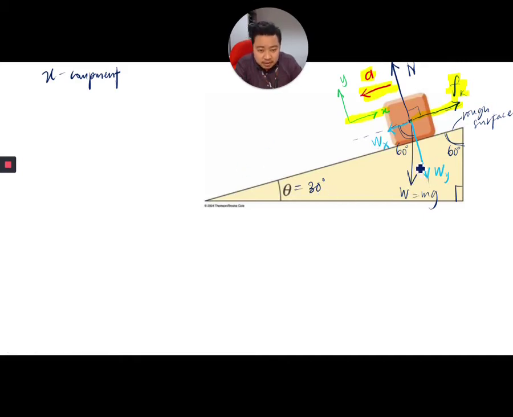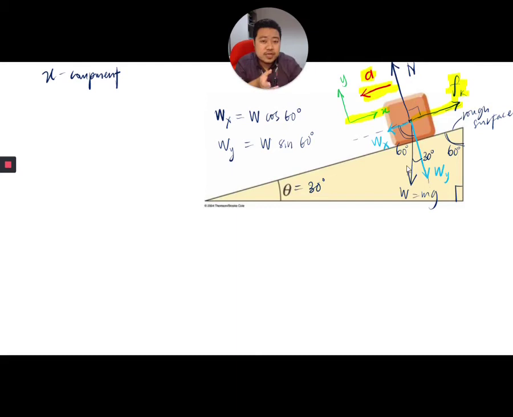So between w and wy, it is going to be 30 degrees. With the knowledge of trigonometry, we can write down wx is equal to w or mg multiplied by cos 60 degrees. Meanwhile, wy is w multiplied by sine 60 degrees. This is the angle between wx and w.